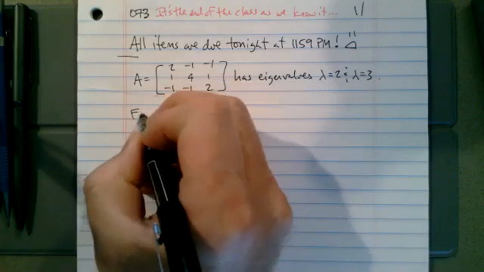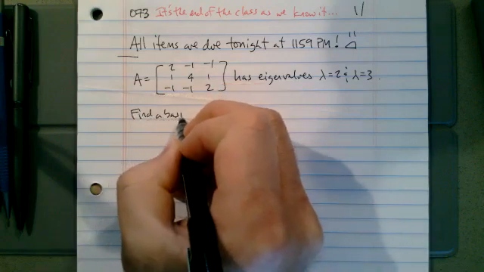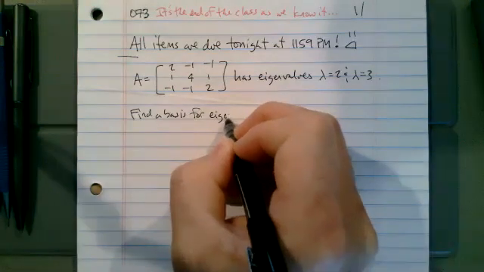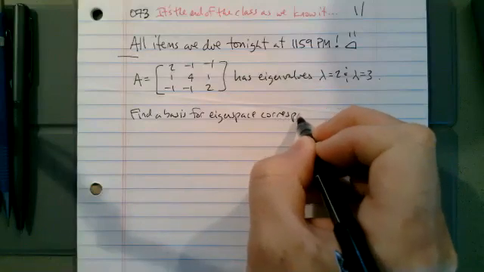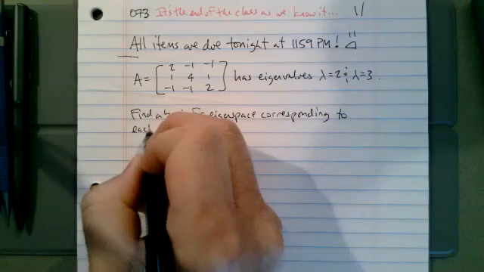So this question says find a basis for the eigenspace corresponding to each eigenvalue.